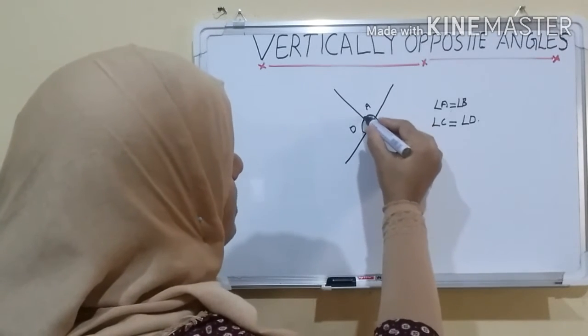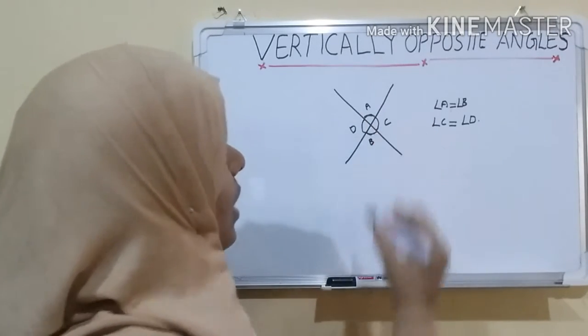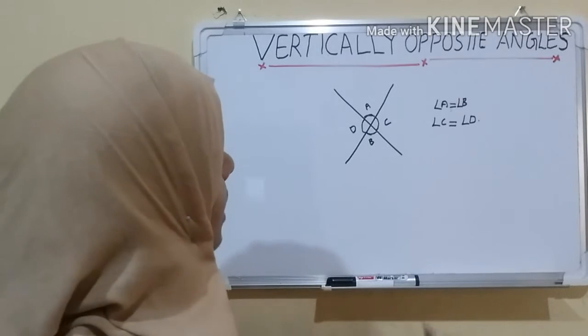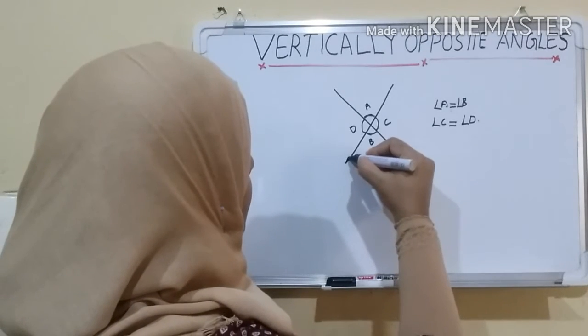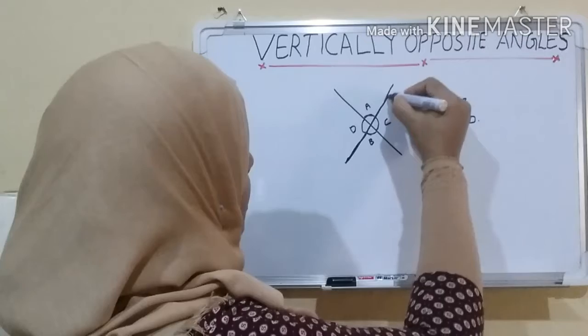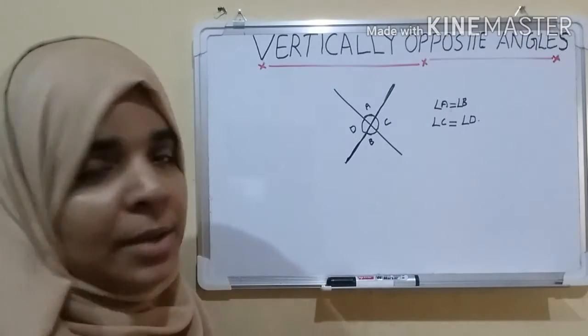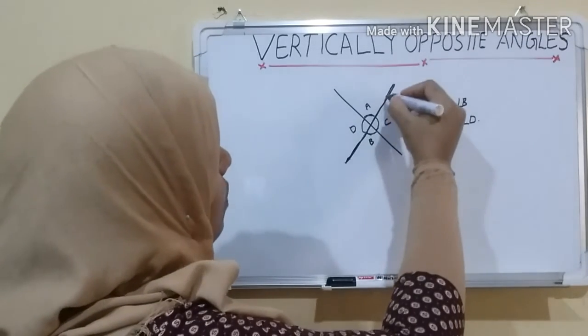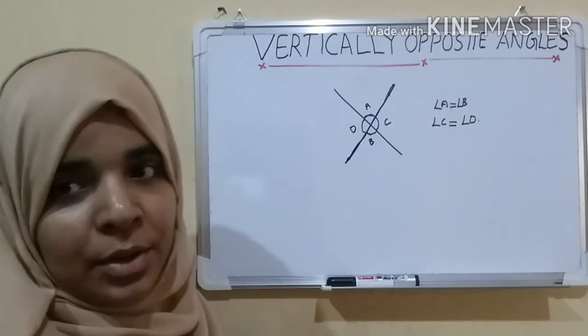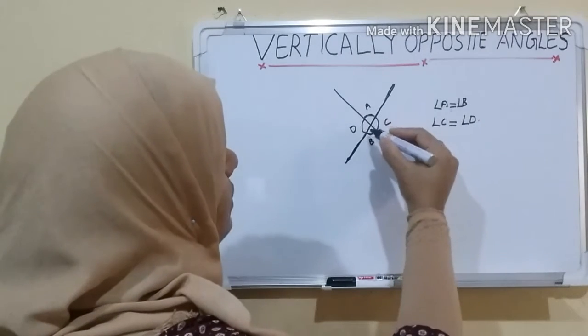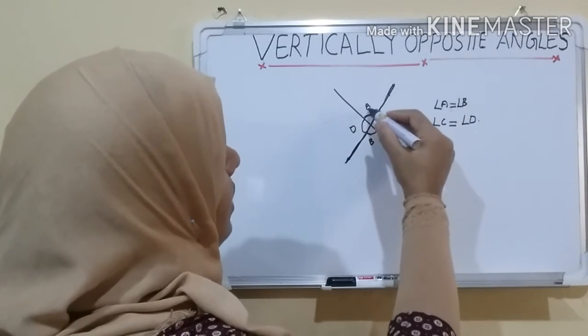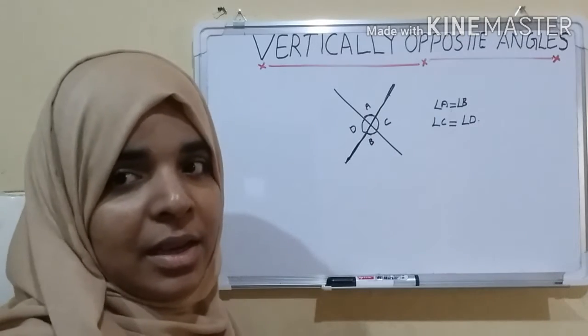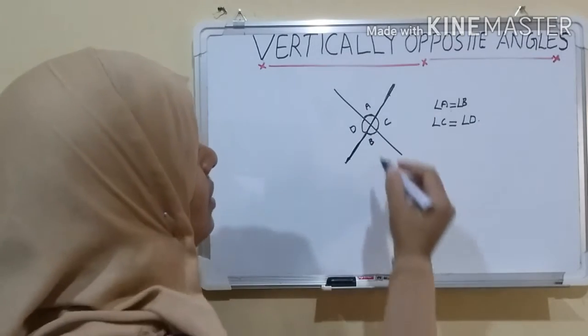We have to prove this angle A equal to angle B. For that, I am taking this line. Okay? Then they will form a linear pair, no? Which are the linear pair? Angle D and angle A are linear pairs of angles, right?